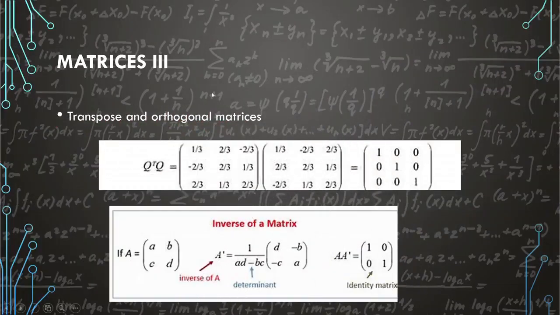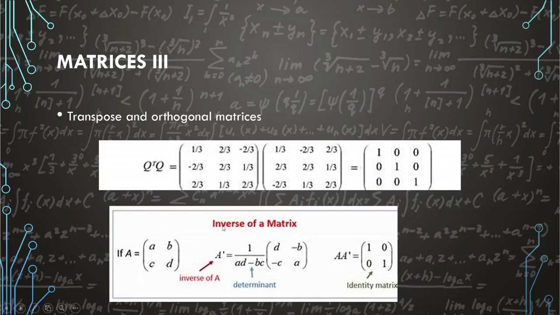So, transpose and orthogonal matrices. The transpose of a matrix is just reversing it diagonal-wise, opposite. If the transpose of a matrix multiplied by the matrix comes out to be an identity matrix, an identity matrix being something which has all its diagonal elements as 1 and all other elements as 0, then such a matrix Q is known as an orthogonal matrix.